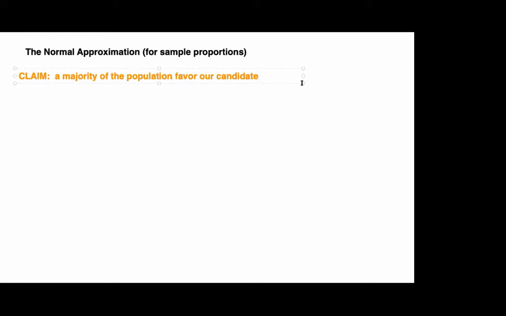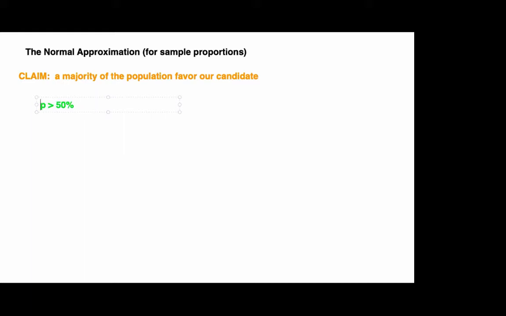Well, how would we mathematically write that statement that a majority favor the candidate? What does that usually mean mathematically? We would want a strict inequality in this case, or sometimes you hear the phrase 50% plus 1. So the idea is we're pushing it just above.